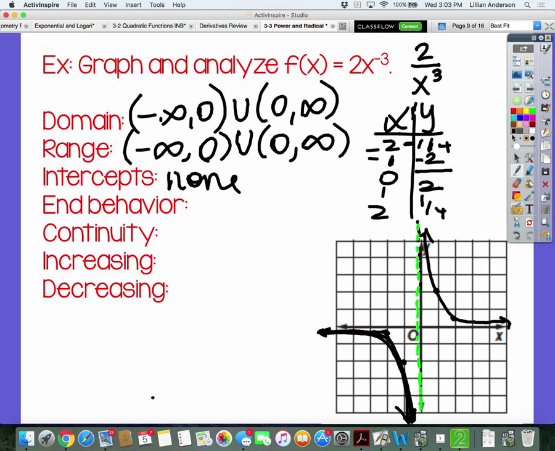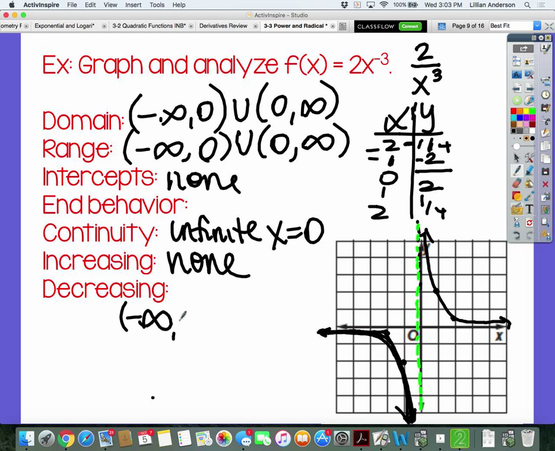This clearly is not continuous. What type of discontinuity? Infinite. At 0. Is it increasing? No. Is it decreasing? Yes. Where? Negative infinity to 0, and 0 to infinity. Very good. I'm glad you guys broke it up.